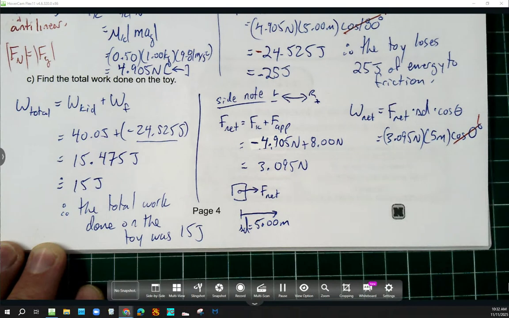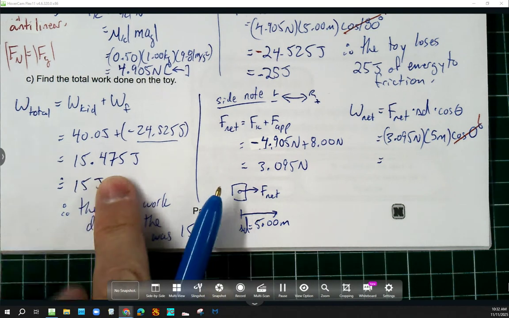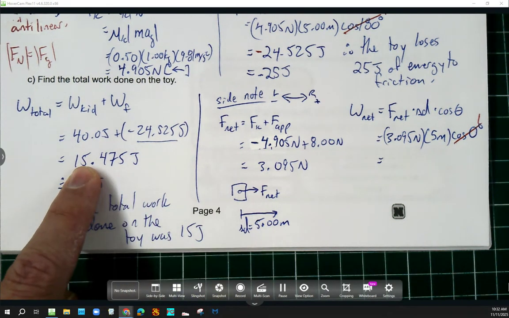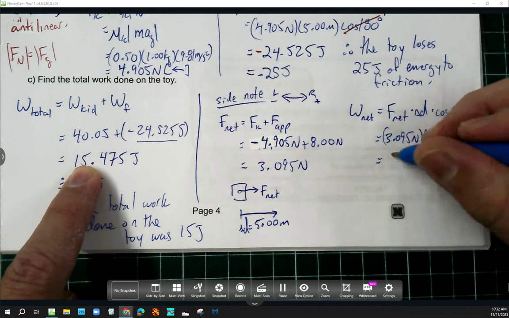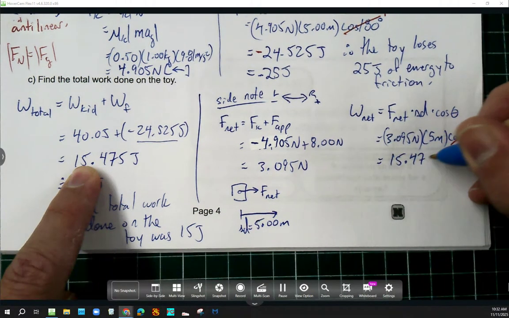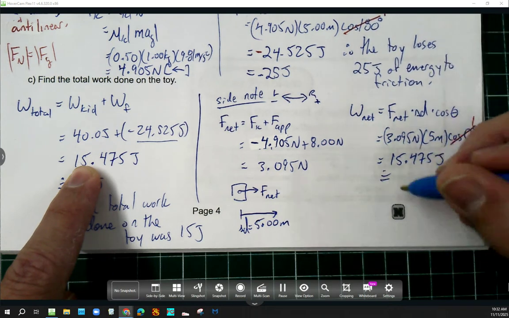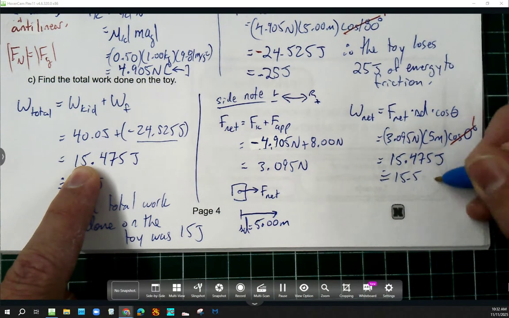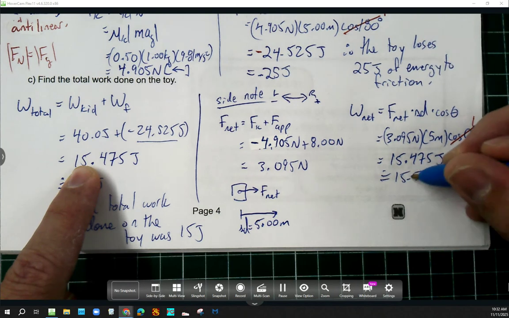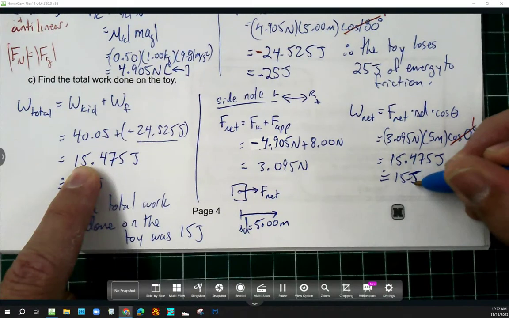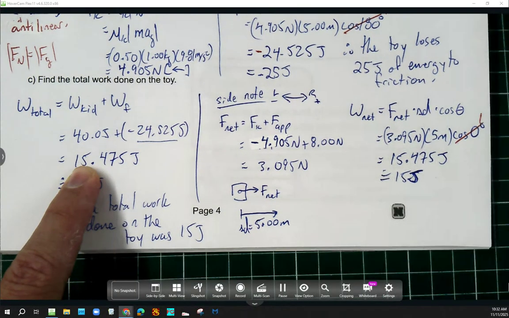Can somebody do this one for me? What's 3.095 times 5? I'd be shocked if it doesn't agree with what's over here on the left-hand side. 15.475? Nice. Joules. Approximately 15.5 joules. Oh, I guess it's going to be 15 joules again, because there's a mu k embedded in there somewhere.